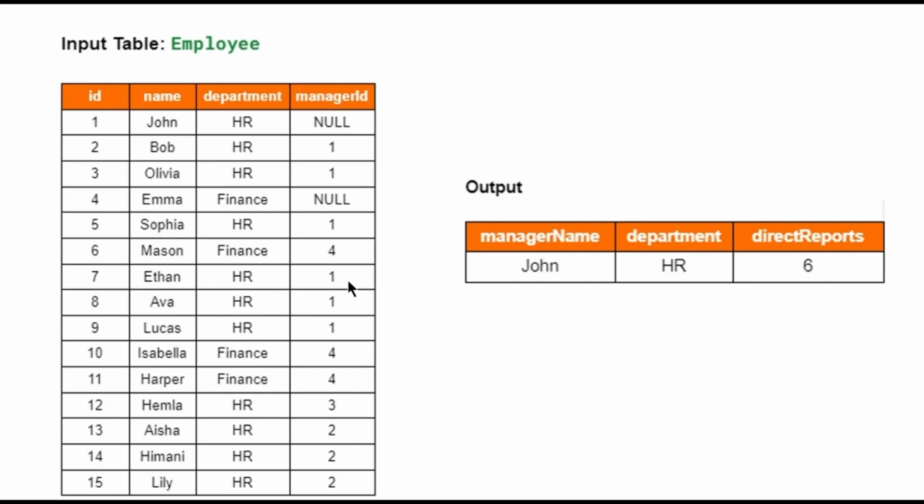That means this employee satisfies the condition of having at least 5 direct reports in the same department, since all of them belong to the HR department here. So our output contains only this employee name John having 6 direct reports, which is the number of direct reports, and the department name.